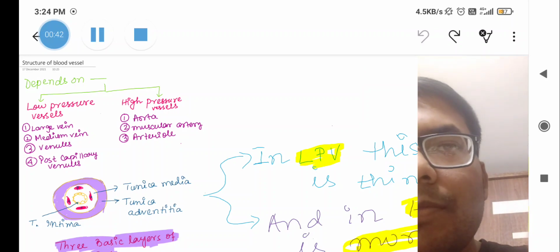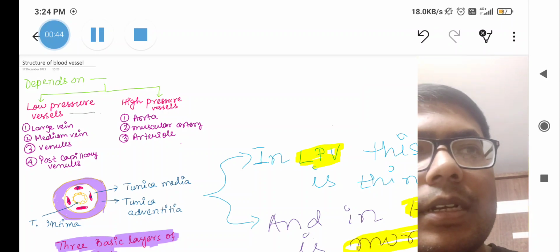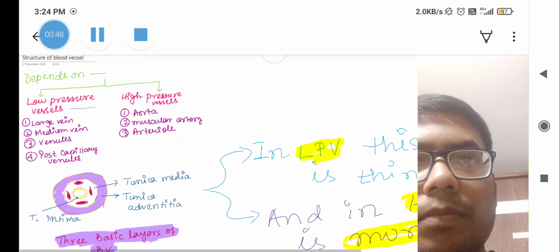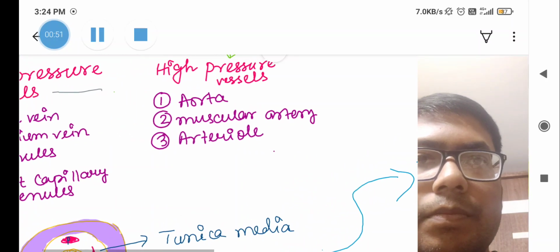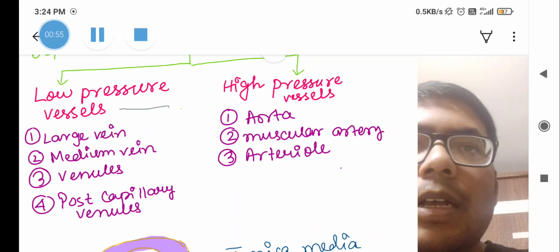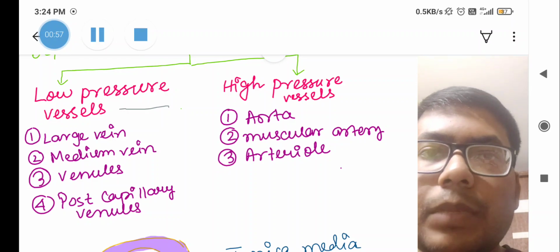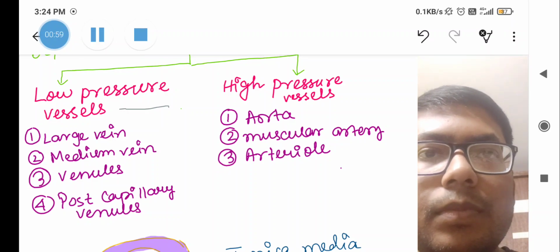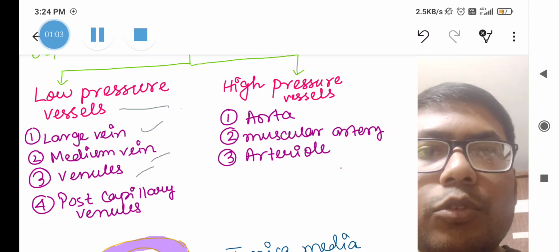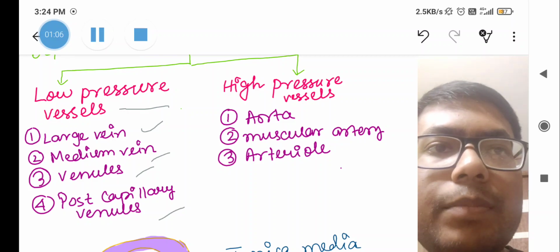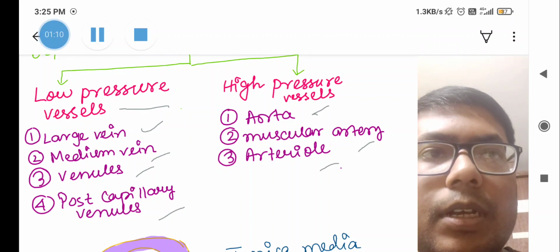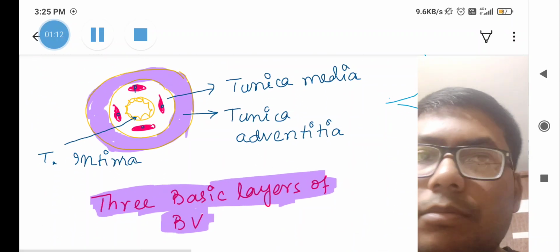Low pressure vessels are the large veins, medium veins, venules and the post capillary venules, and the high pressure vessels are the aorta, muscular arteries and the arterioles.